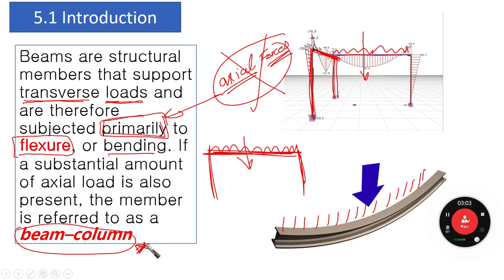So in general, whenever we have only a beam that is subjected to vertical loads, as you can see, transverse loading, we call this a beam.